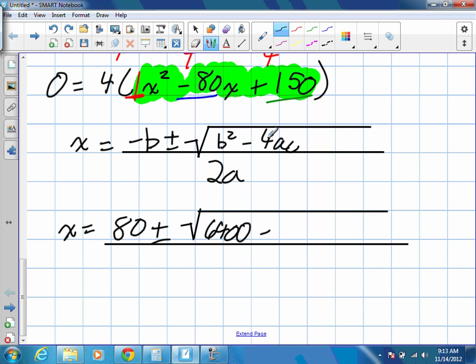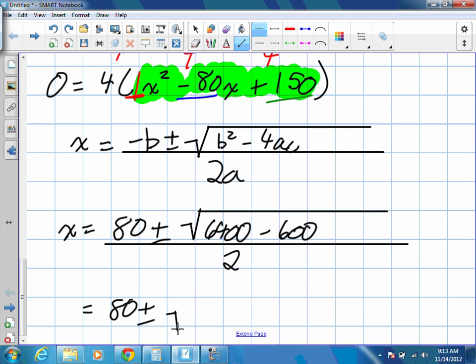And 4 times 150 is 600, and it's going to be negative, so we have negative 600. And 2 times 1 is 2. So x equals 80 plus or minus the square root of 6,400 minus 600, which is 5,800. I love that number. 5,800.